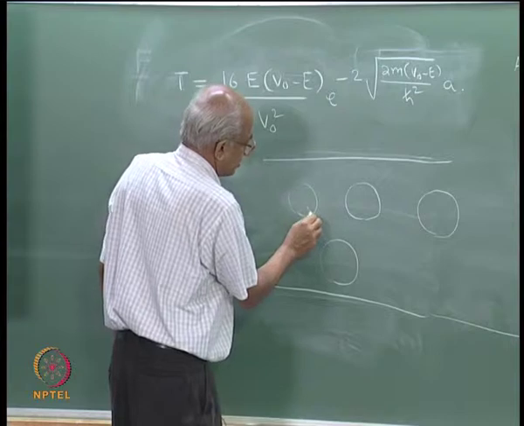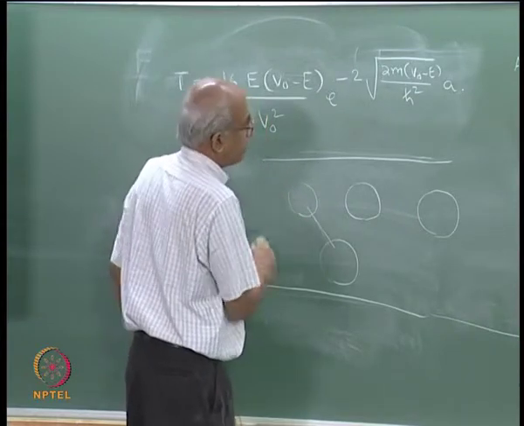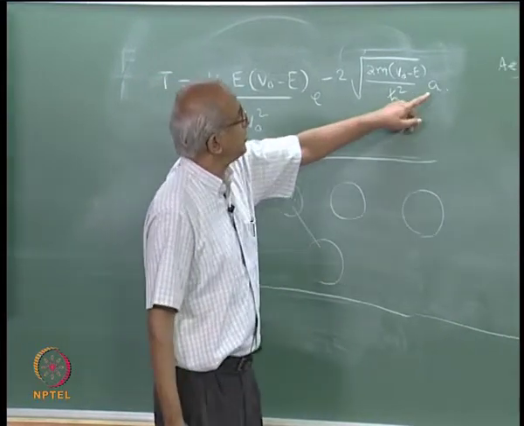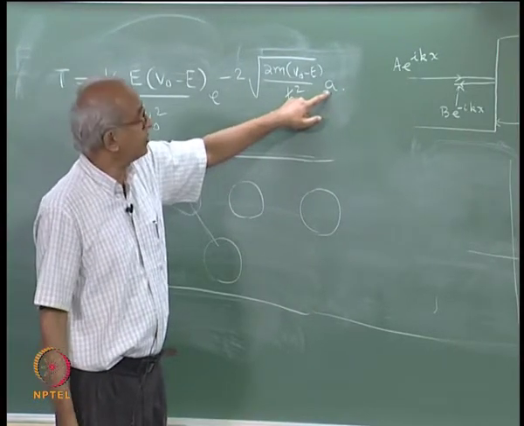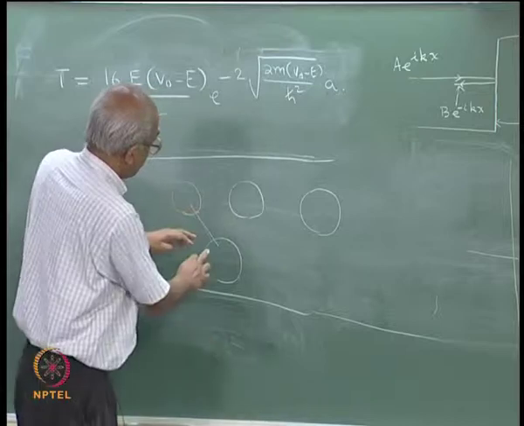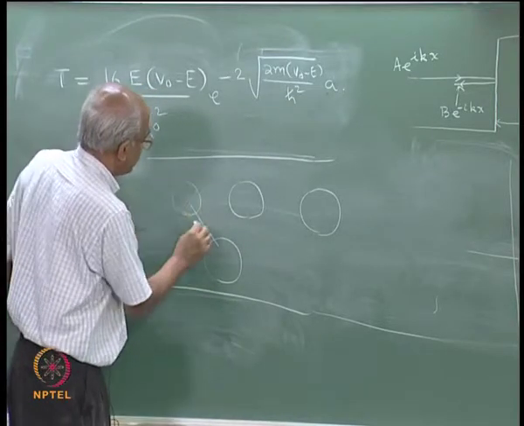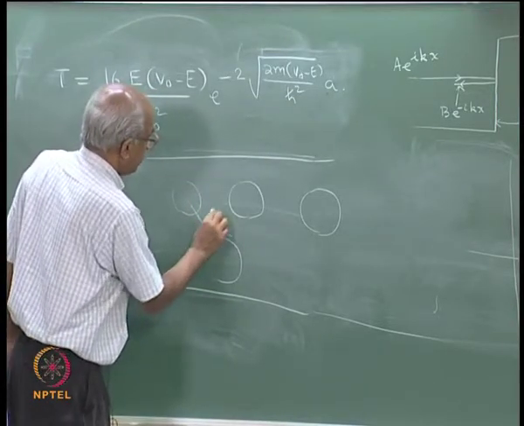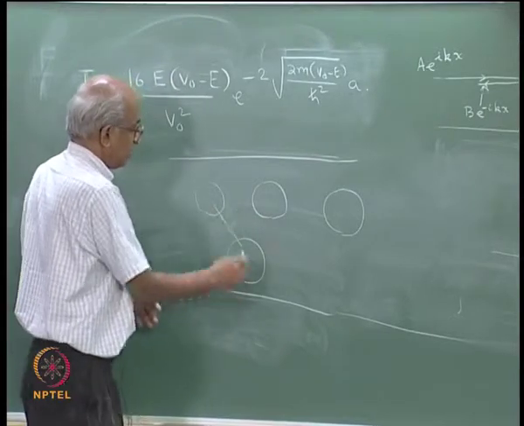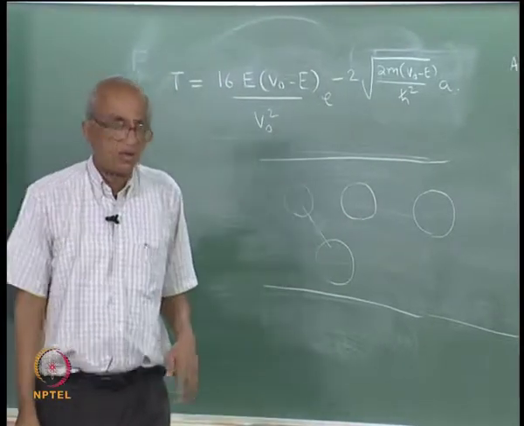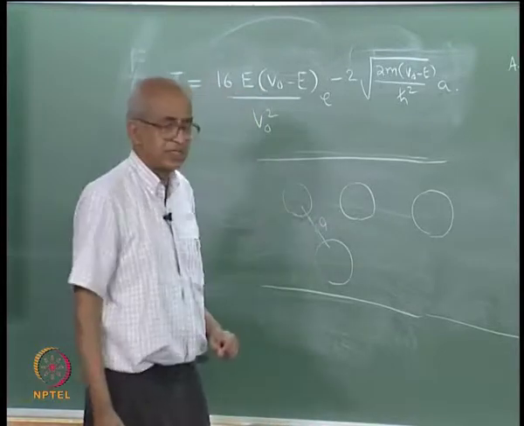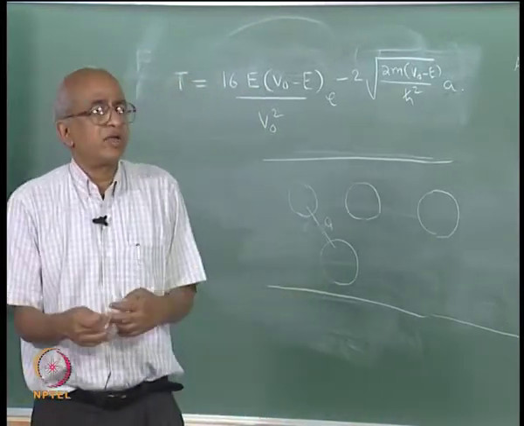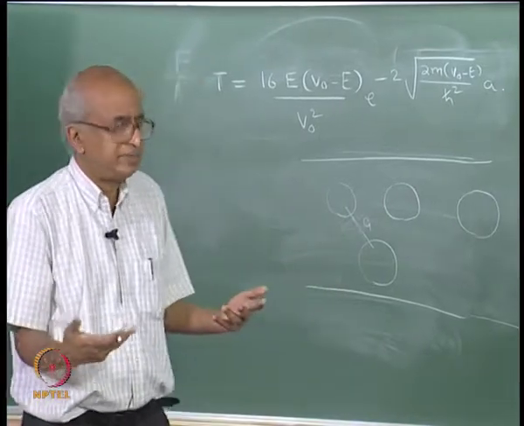But notice that the tunneling probability is very sensitively dependent upon the distance between the two particles or the height of the barrier. Here you have a metallic nanoparticle, there you have a metallic nanoparticle, and you probably have polymer matrix in between these two. So if you change this distance, this is essentially our A, the tunneling probability will increase by a huge amount.